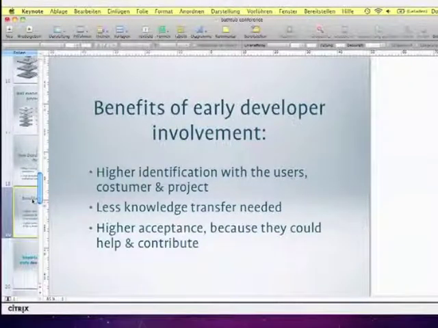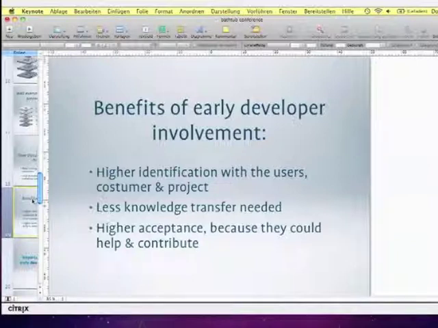And there is not only a benefit for the designers if developers are involved, even the developers themselves benefit from the involvement. If you have developers involved in the design process, the identification with the project is much higher. You identify with the customer, you identify with the users, and this helps the developer understand what the product should be.